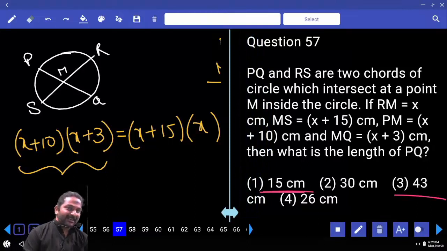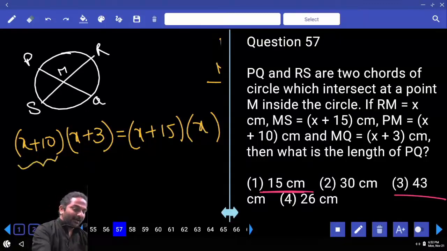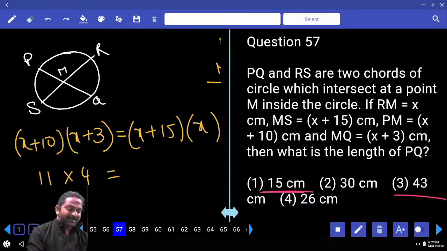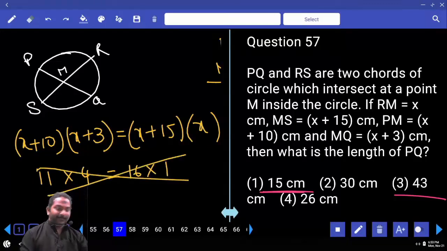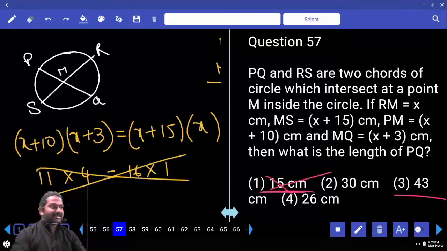2x plus 13, right? If x is equal to 1, then it satisfies the value, right? Now let's see, if x is equal to 1, how much it becomes? 11 into 4 must be equal to 1 plus 15, 16 into, can this be the answer? It is not satisfied, right? If not first option, answer must be the other, I don't have to verify it.